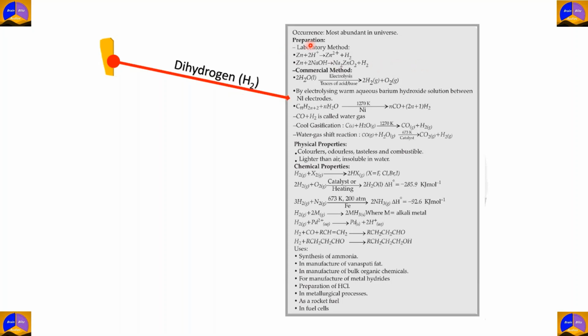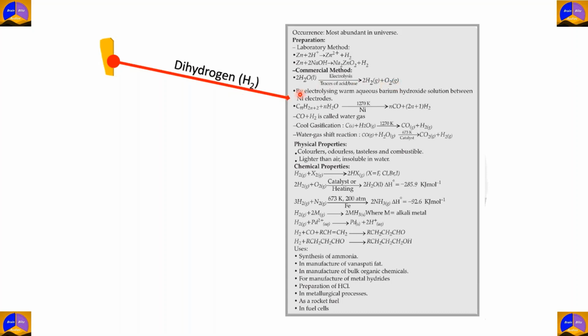But these methods are not useful when creating mass quantities of hydrogen. Hydrogen is a very useful element in its H2 form. So in H2 form, the first commercial method is to electrolyze water. So water under electrolysis gives two hydrogen molecules and an oxygen molecule.